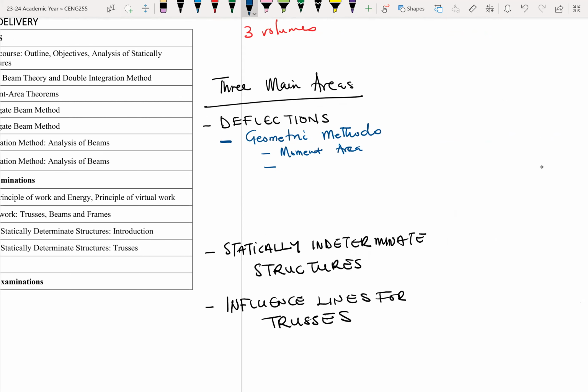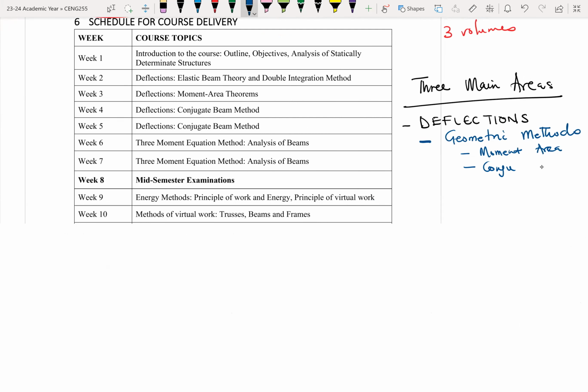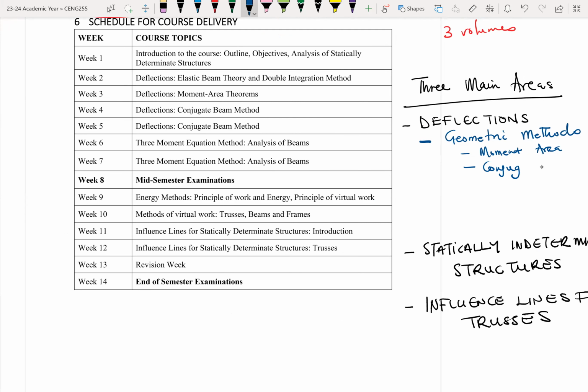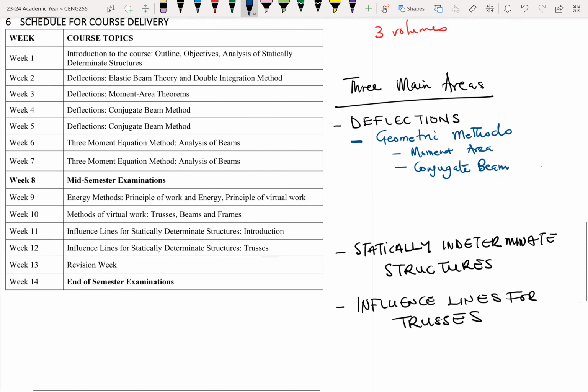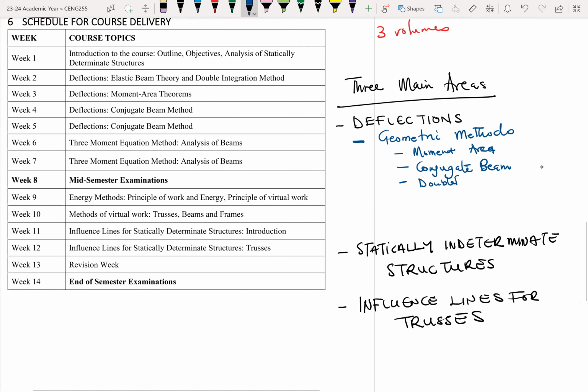Then we also have the conjugate beam method. Then let me also put the double integration method underneath this one. It's slightly different, but that's fine.